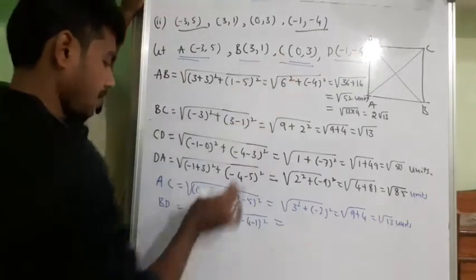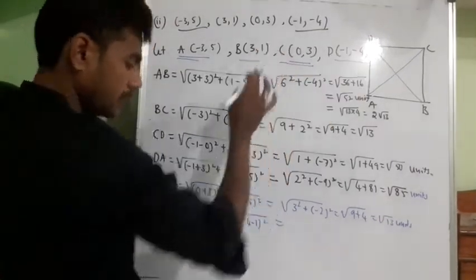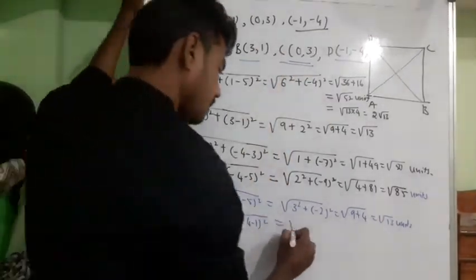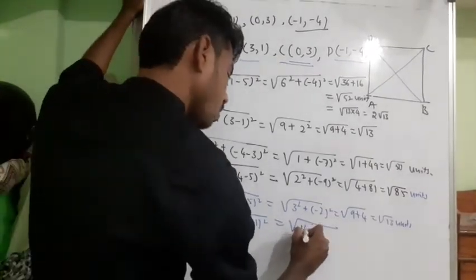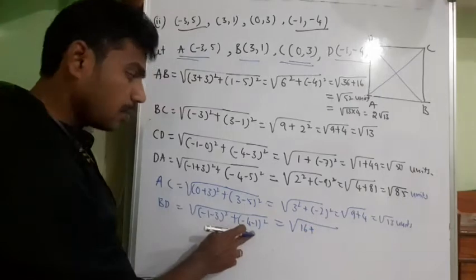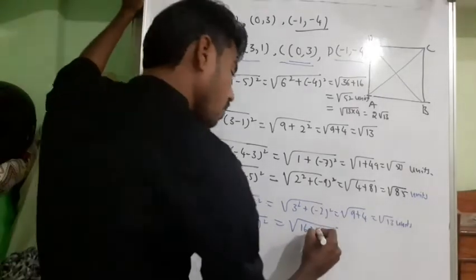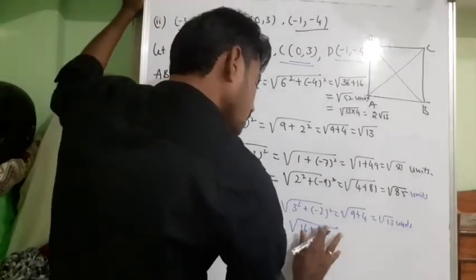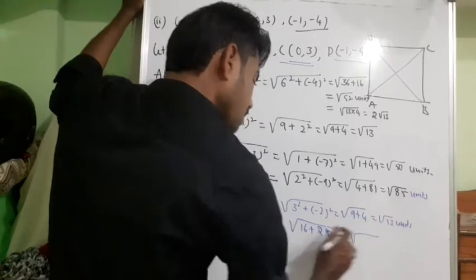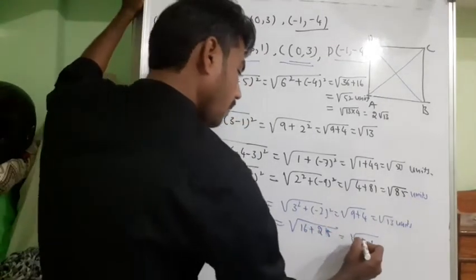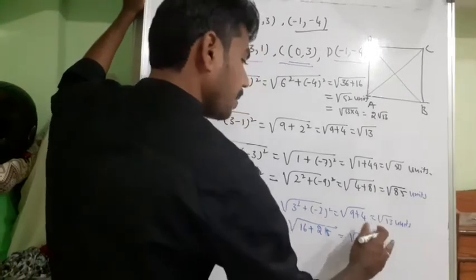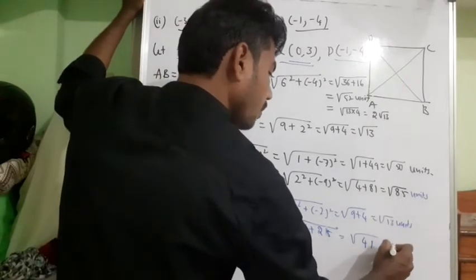Minus 1 minus 3 is minus 4, square is 16, plus minus 4 minus 1 is minus 5, square is 25. So 6 plus 5 is 11, carry 1, 2 plus 1 is 3, 3 plus 1 is 4. So 41, square root of 41 units.